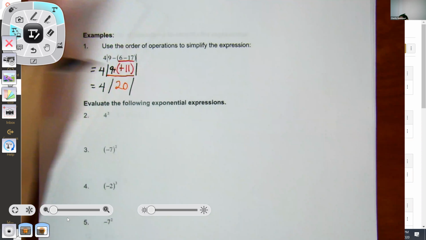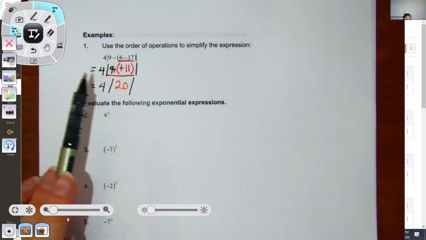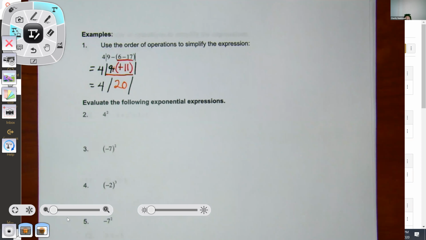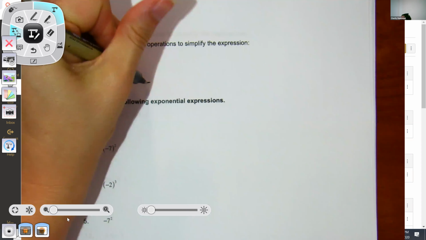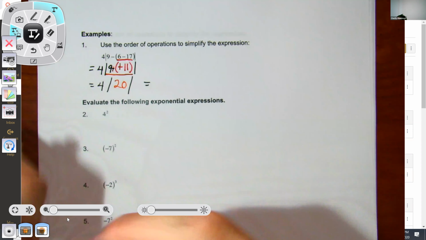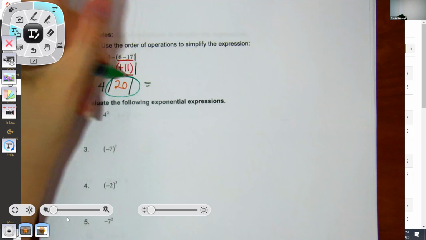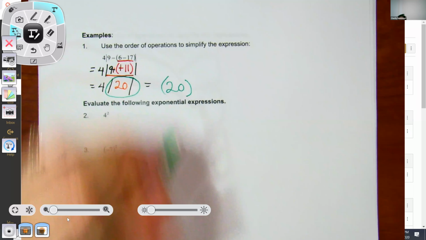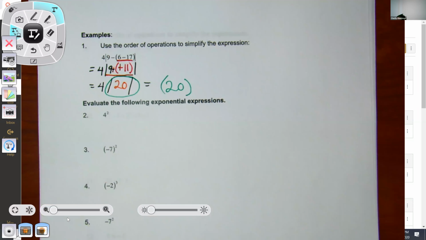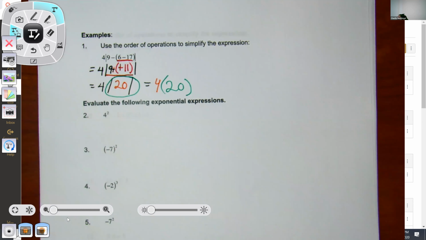Since the 4 is right next to the absolute value, that is understood to be multiplication, just like if it was parentheses. The absolute value of 20 is 20, so it's really 4 times 20, and 4 times 20 is 80.